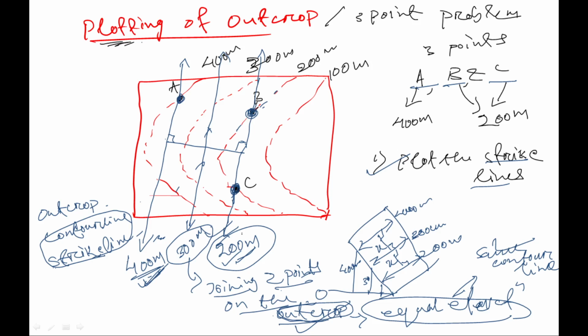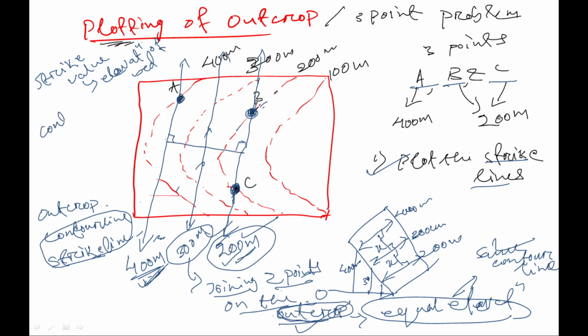What is represented by strike line? Strike value is nothing but the elevation of bed. What is contour value? It is the elevation of surface. Writing it here for your understanding. Strike value is the elevation of bed. It is representing the elevation of bed.